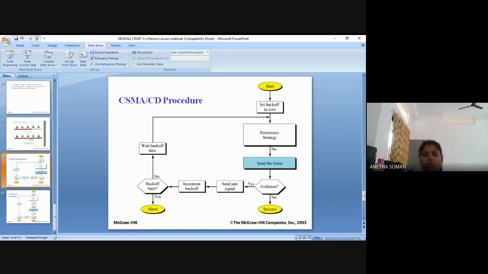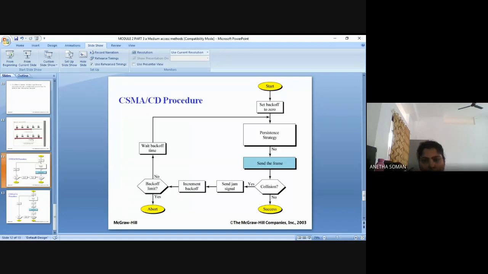Today's class summary: I started with medium access methods. You have different protocols. If a station wants to send data, it has to follow some procedure or protocol, and that is called the random access protocols. Many types are there. The initial one was multiple access.